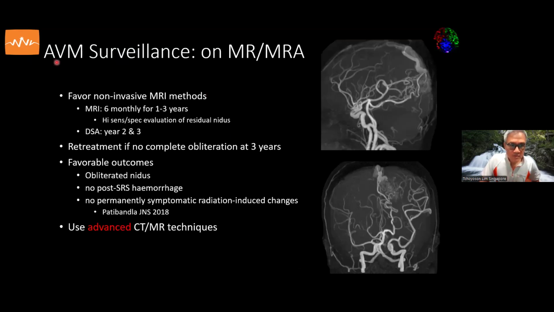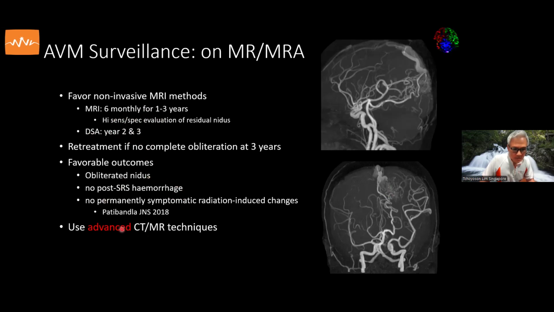So the importance for AV malformation is in its surveillance. In the MR, non-invasive methodologies are preferred compared to CT angiogram and DSA. So for patients who have an AV malformation that is either partially treated with radiation therapy or untreated, follow-ups can be arranged in the first few years with invasive DSA reserved for the later years.